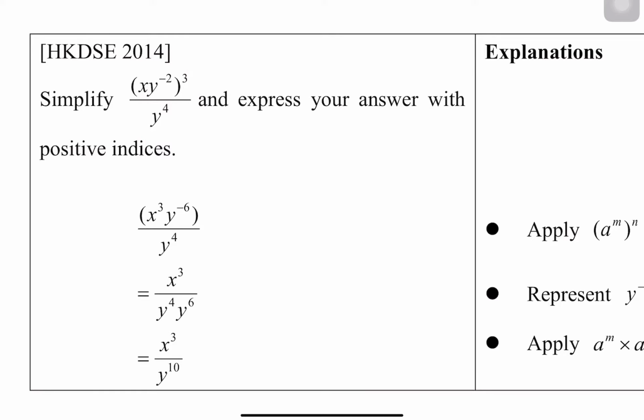So, step 1. What is the meaning of the power 3? If you do not remember the properties of the law of index, you can think about the basic idea.